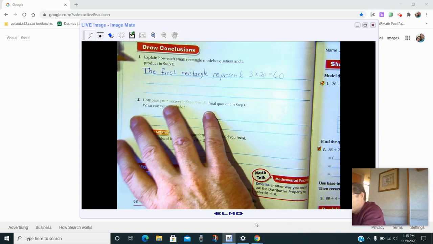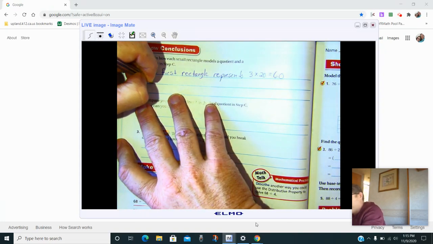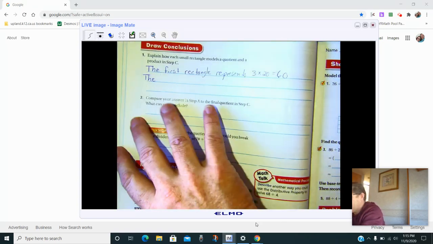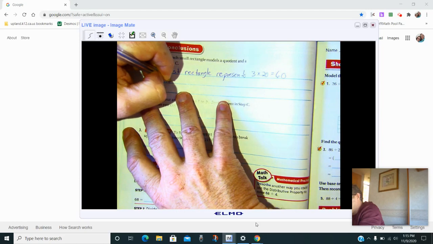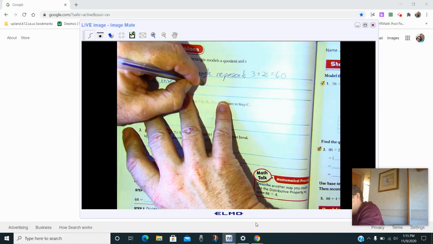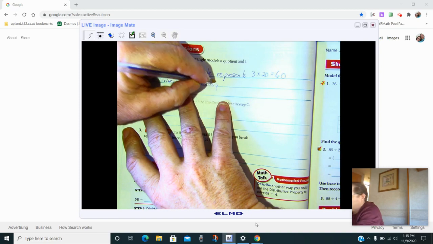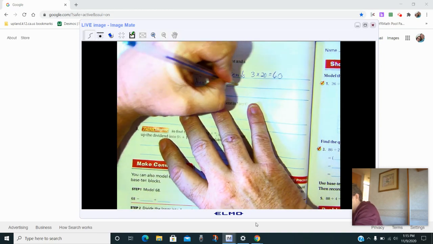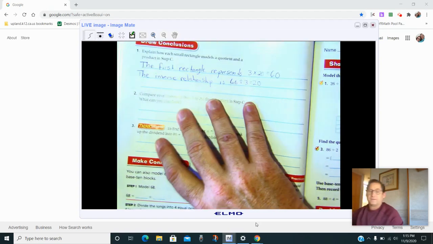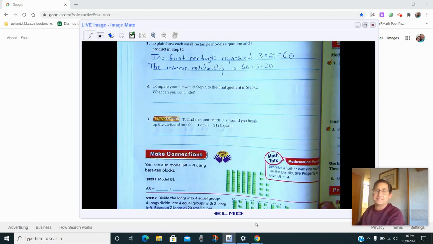And the inverse, the opposite of multiplication would be division. So the inverse relationship is the same as saying 60 divided by 3 is 20.